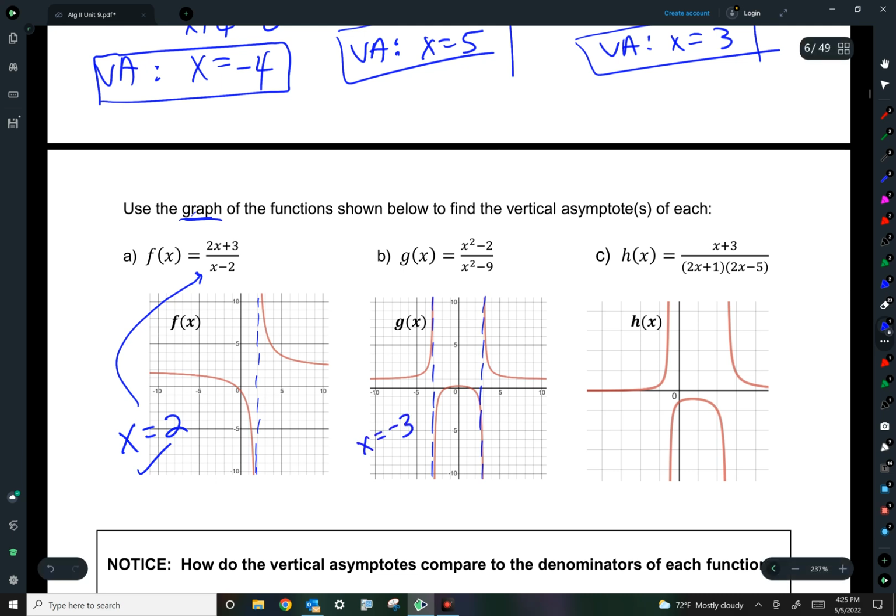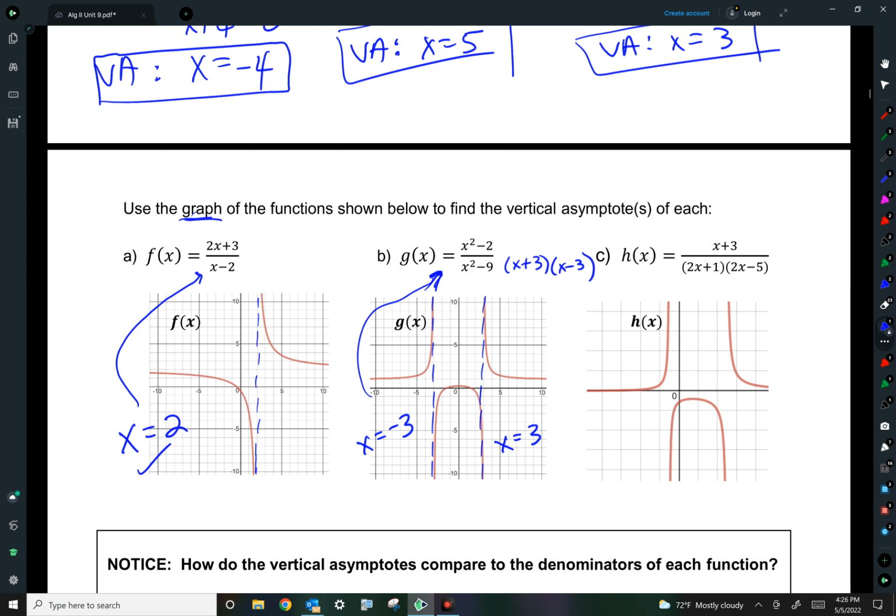And it seems like the one on the right here is positive 3. By the way, they don't always have to be the same number, positive and negative. Would that make this denominator equal 0? Well, think about it. Isn't x squared minus 9 the same as x plus 3 times x minus 3? So do you see that x could be either 3 or negative 3, and that denominator would be 0, right?